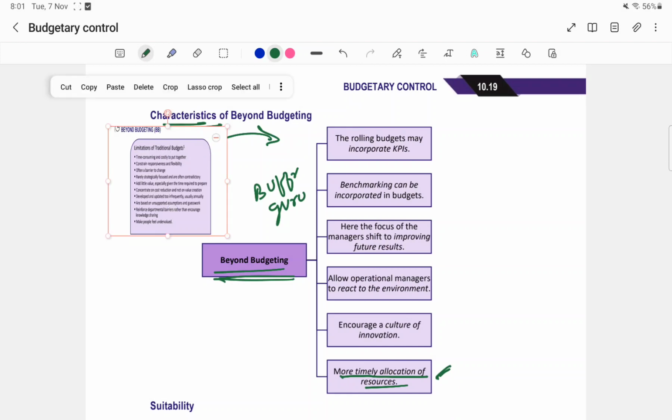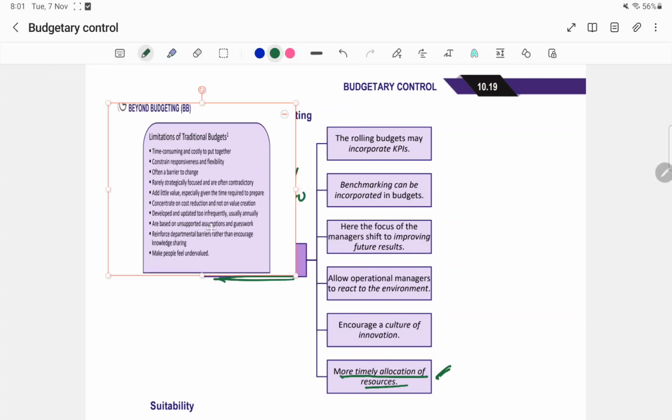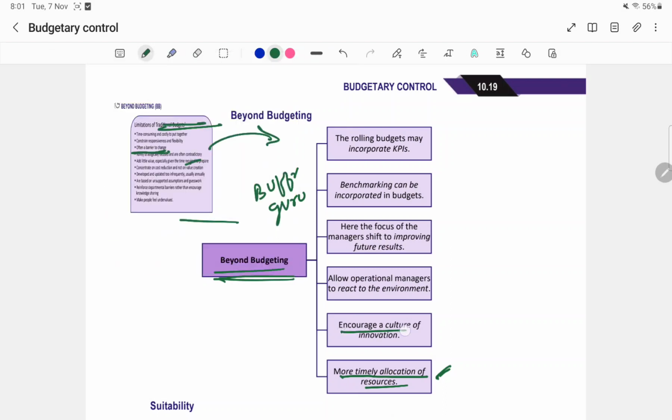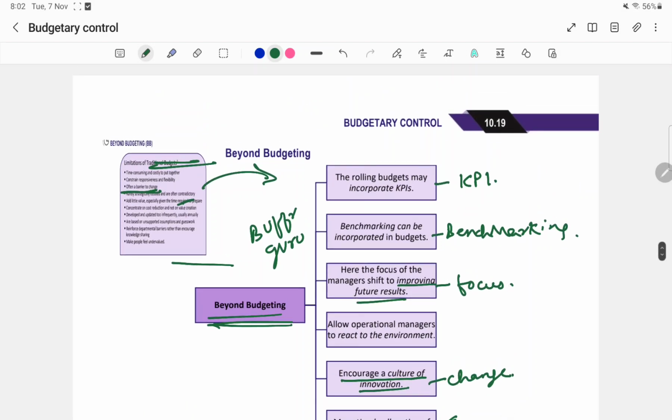Then again, there it was that change was not acceptable, there was too updated too infrequently. But here it encourages a culture of innovation, which means that change is there. Now see, overall KPI point is there, benchmarking is there, then focus is shifted to improving future results, then operational managers are allowed to react.